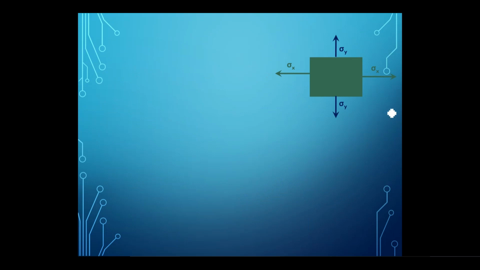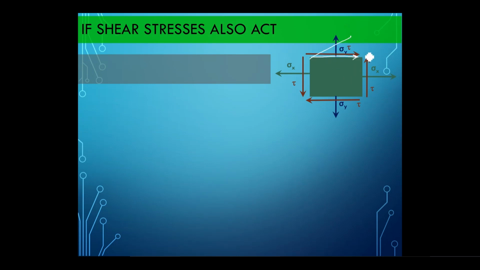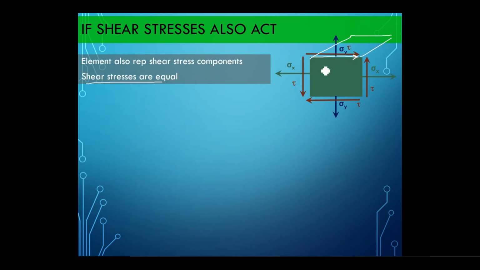Now, if I have the same surface and there is shear stress also acting on this surface, यहाँ पे भी shear stress act कर रहा है. Now, you are not looking into 3D, मैं 2D में ही define कर रहा हूँ आपको. So, you have shear stress acting and shear stress is equal on all the planes. यहाँ पे भी act कर रहा है, यहाँ पे भी act कर रहा है और यहाँ पे भी act कर रहा है.